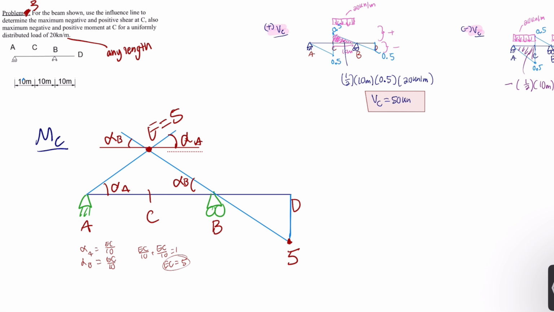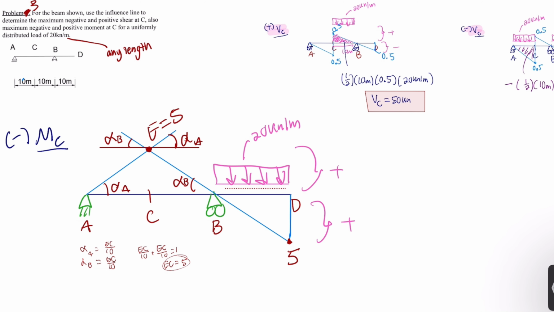So now since we want to do the maximum negative moment at C, we have to do the same thing that we did for the shear. So we know that this part will be positive and this will be negative, so we will want to draw the uniformly distributed load on the negative section, which will be here.